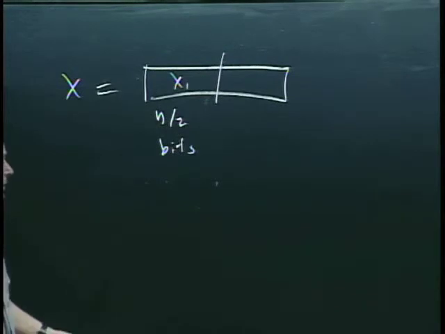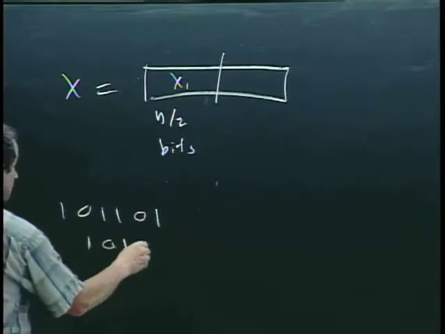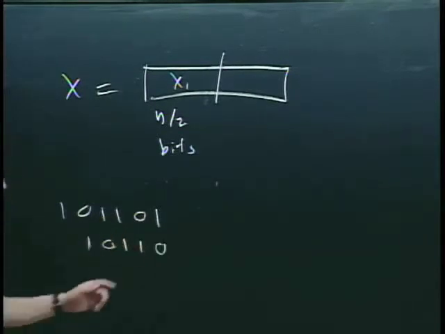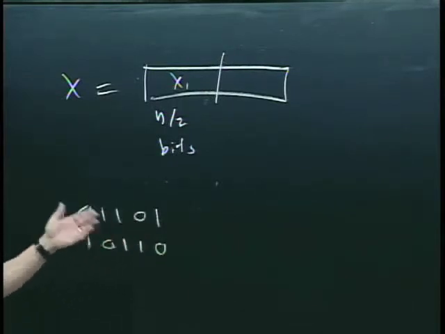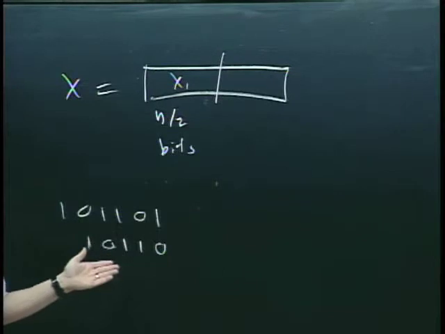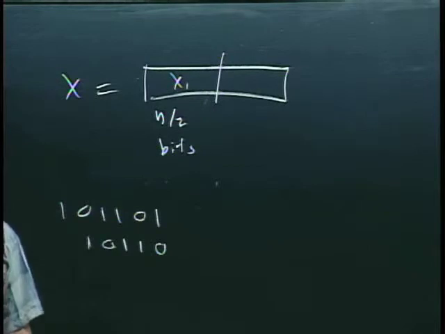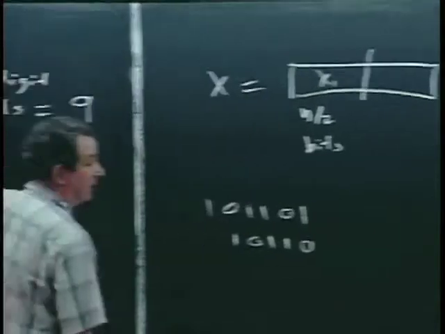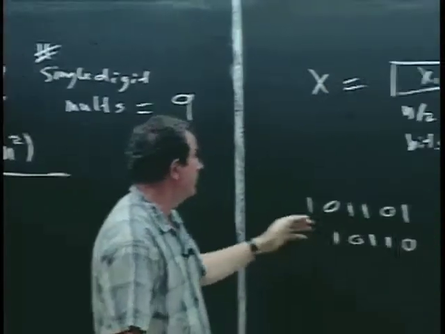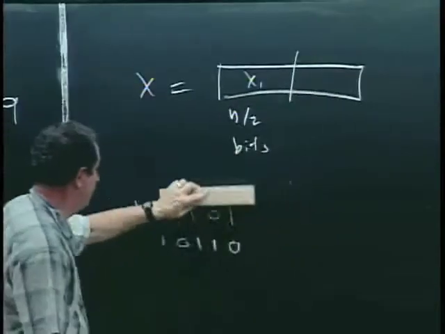But if you have two binary numbers being multiplied together, you still go one bit at a time and carry and all this stuff. It's the same idea that you would do in base 10 multiplication, except now it's just base 2. So again, if you had two n-bit numbers, the number of single-bit multiplications in the straightforward algorithm, the one you all learned in grade school, would still be n squared. So in binary, we want to beat that.